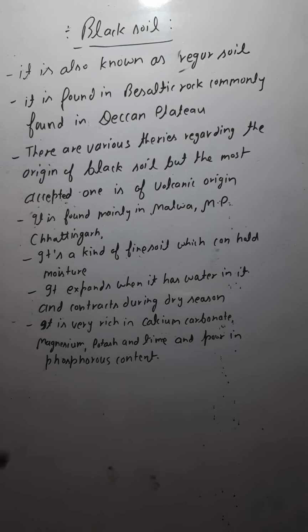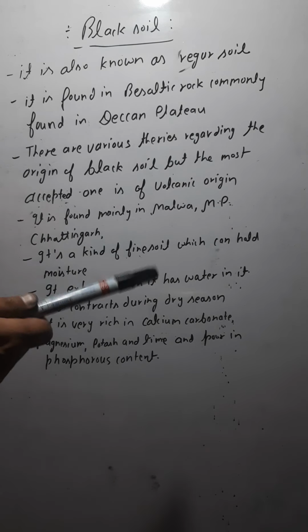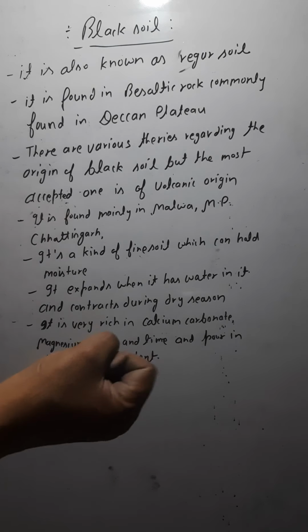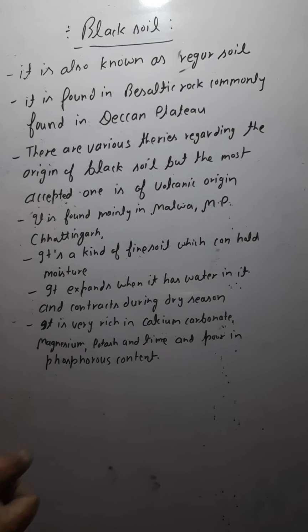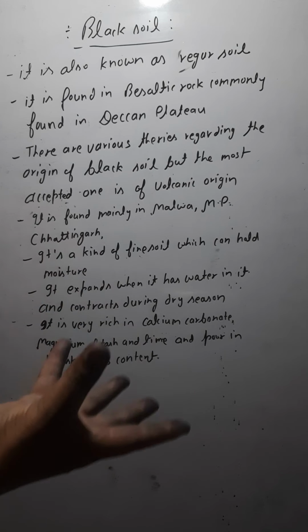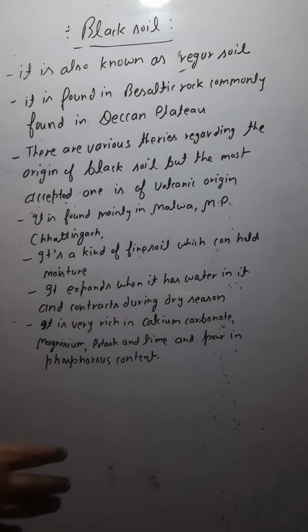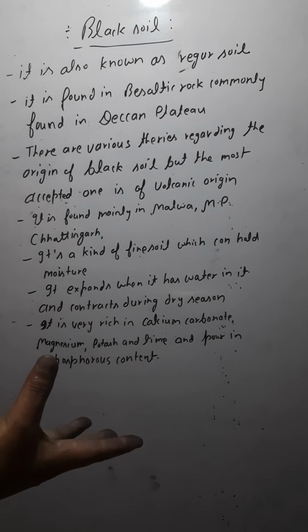It is found mainly in the Malwa, Madhya Pradesh, Chhattisgarh region. It's a kind of fine soil which can hold moisture also. It expands when it has water in it, and contracts during the dry season, because the water comes out at that time.